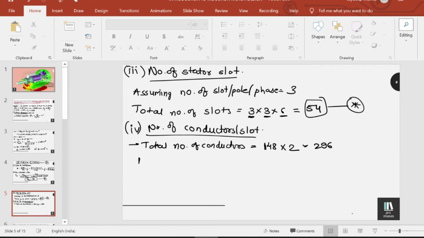Now the number of conductors per slot. We have 296 conductors, and we have 54 slots. So one slot consists of 5.5 conductors.